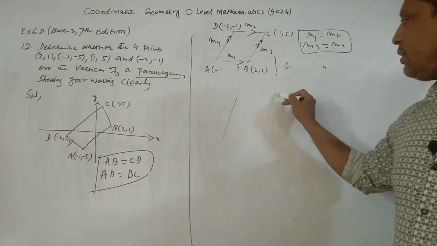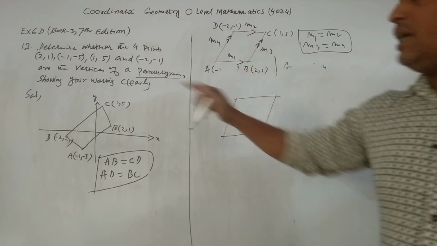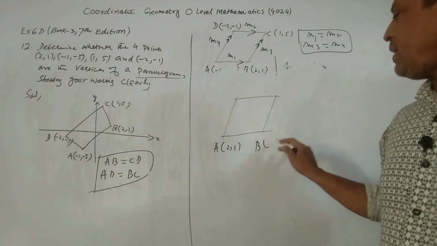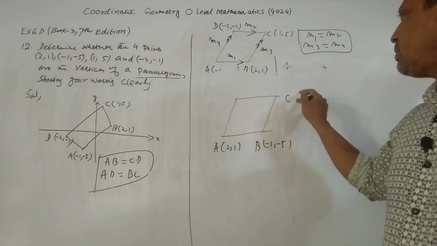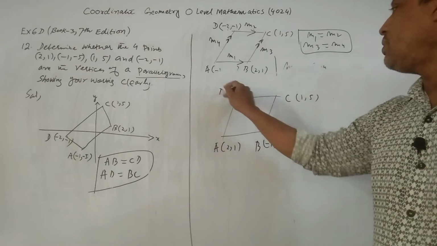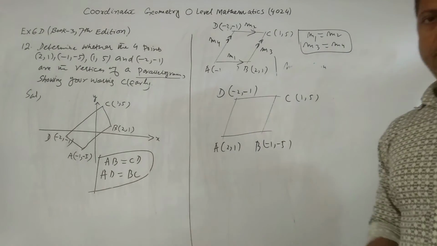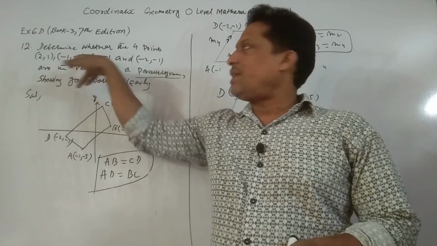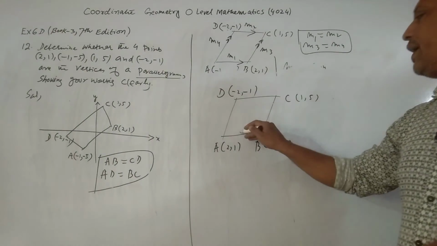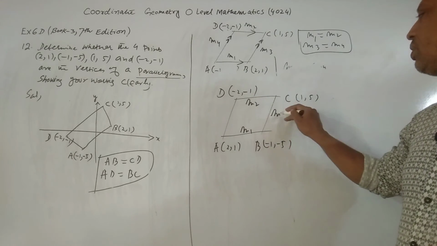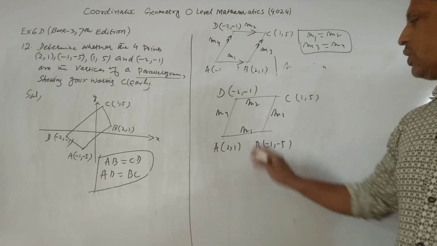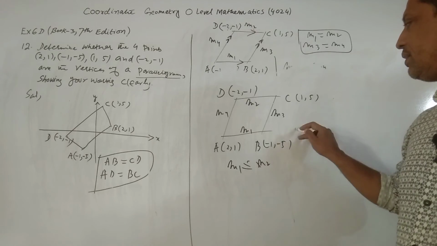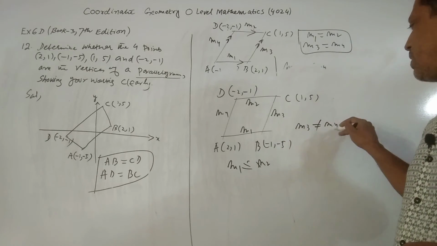If I take directly these points, like A is 2 comma 1, B is minus 1 comma minus 5, C is 1 comma 5, and D is minus 2 comma minus 1, and find the gradients m1, m2, m3, m4, then m1 would not be equal to m2 and m3 would not be equal to m4.